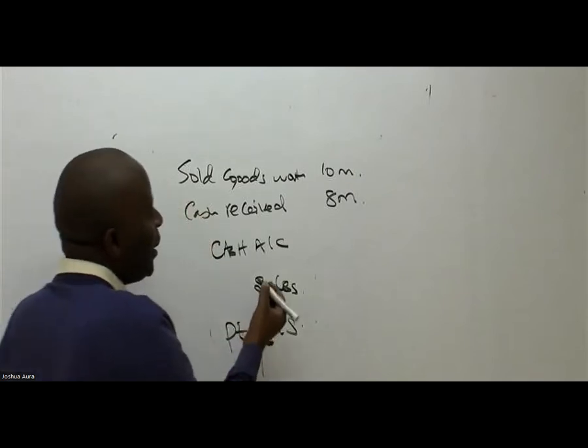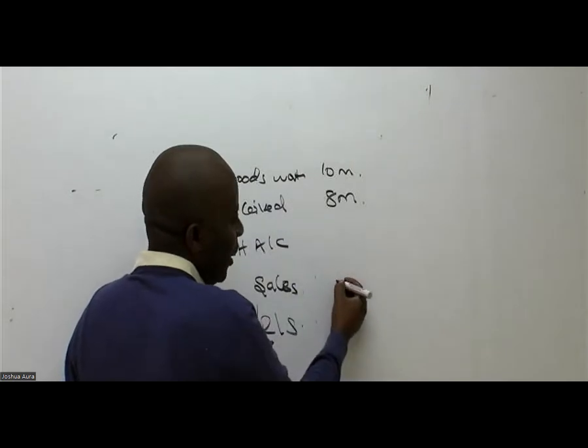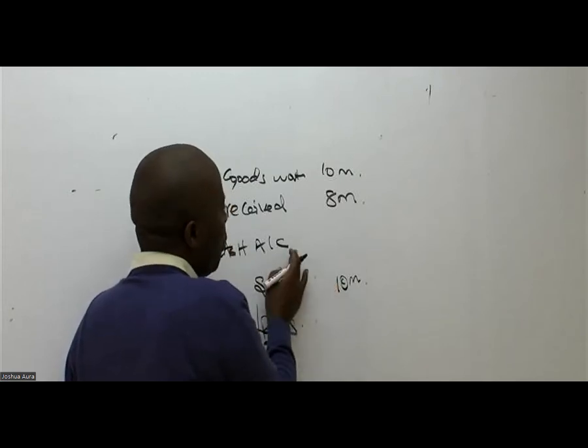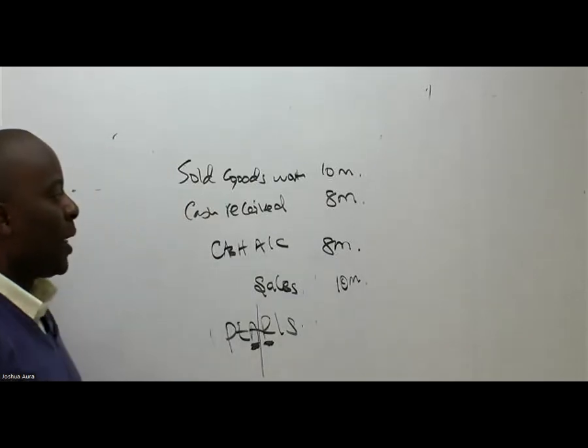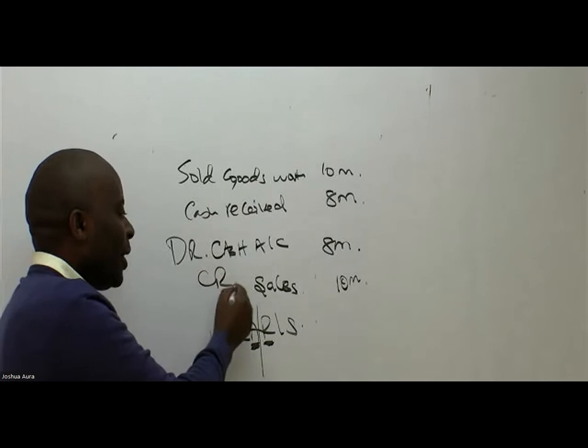So the sales, I can see, was worth 10 million shillings. But the cash here was 8 million. So cash I'm debiting, of course, and I'm crediting what here?